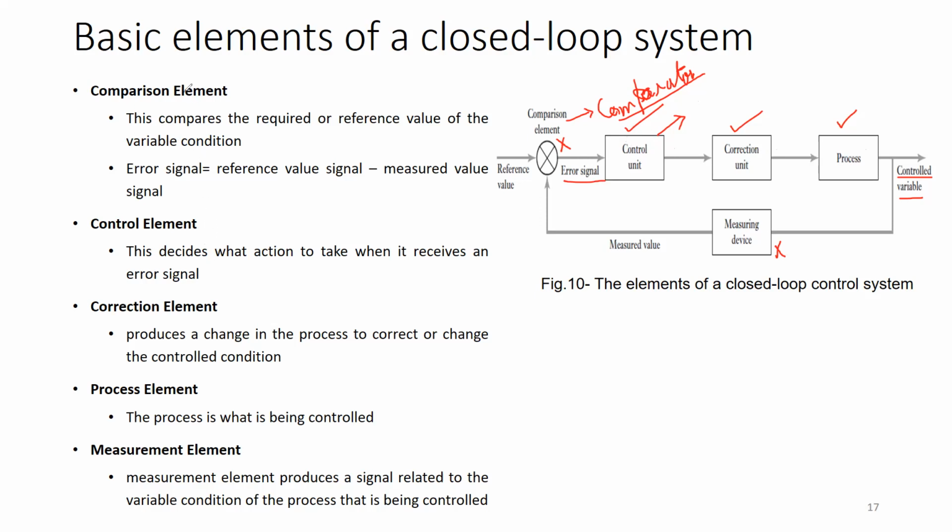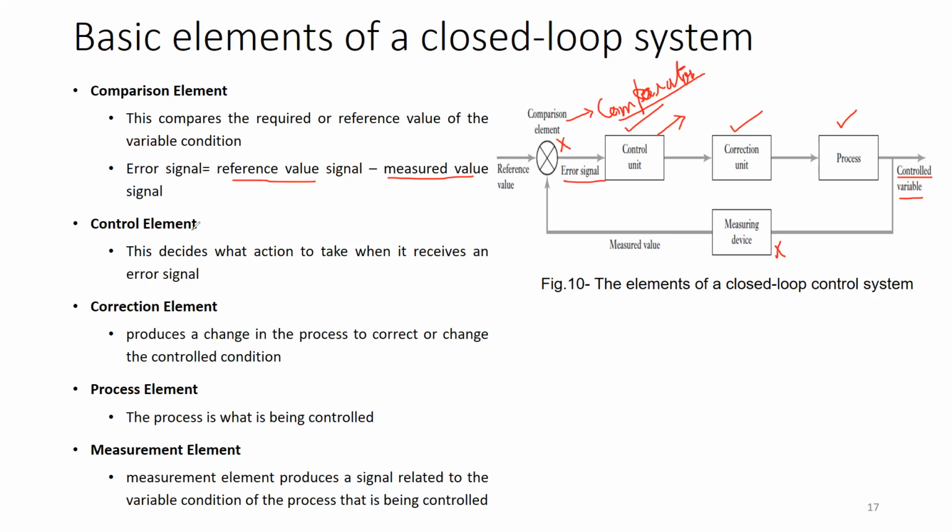Okay, so we will see one by one what the various elements are and what their uses are. The comparison element compares the required or reference value with the measured value. Reference value minus measured value will give you the error signal. So the difference between the reference value and the measured value is the error signal.